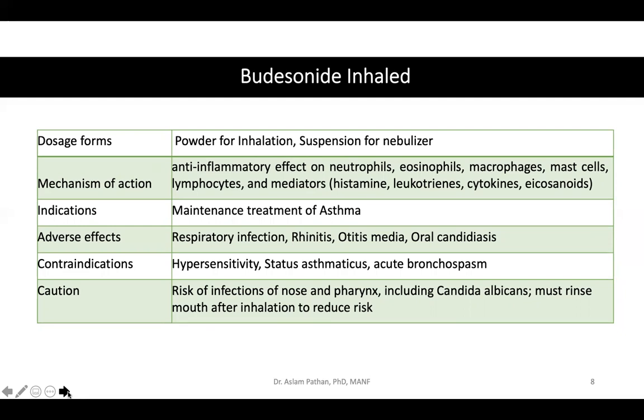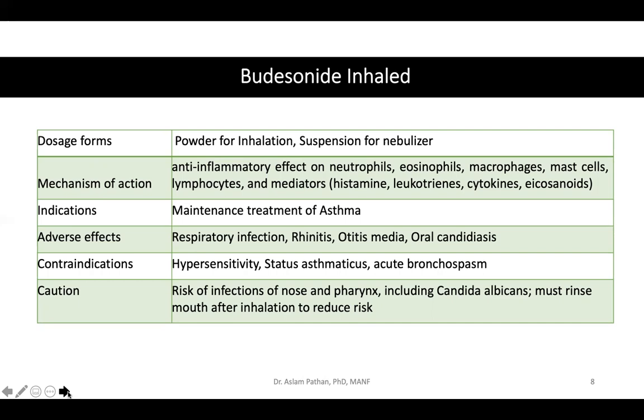Mechanism of action: anti-inflammatory effect on neutrophils, eosinophils, macrophages, mast cells, lymphocytes, and mediators including histamine, leukotrienes, cytokines, and eicosanoids. We can say budesonide is an anti-inflammatory corticosteroid.